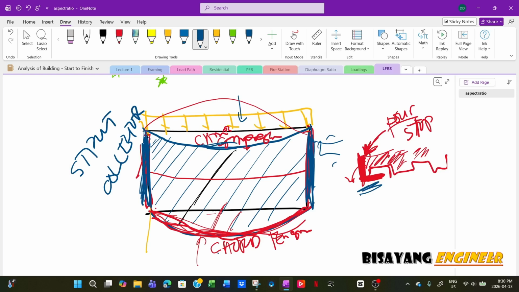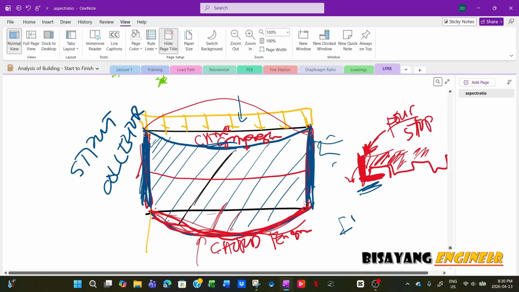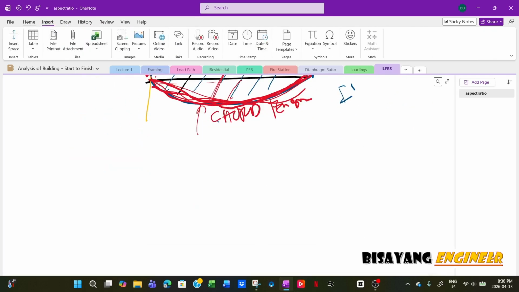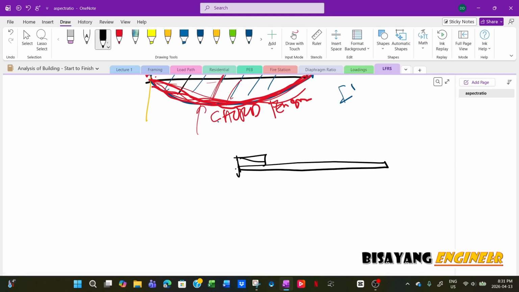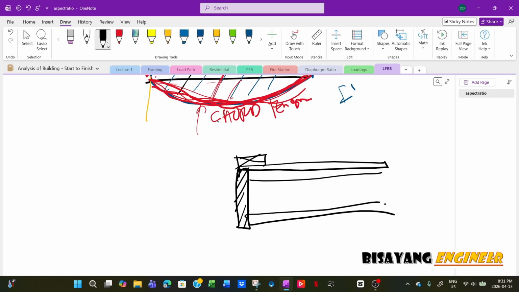Now for wood frame, this could be your rim board, because of the typical section of a wood frame. You have your sheeting, and then you have your bottom chord from walls above, and then this is the rim board, and then this is the joist, and then you have another top plate here.